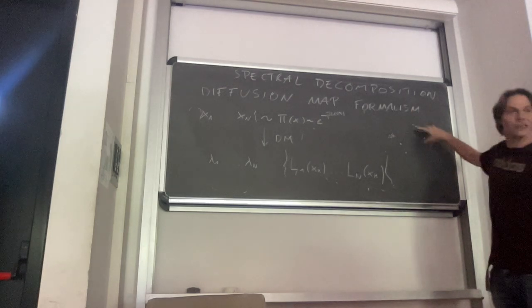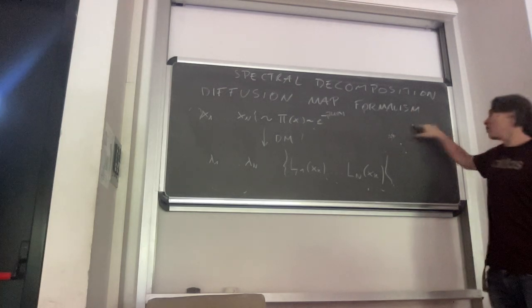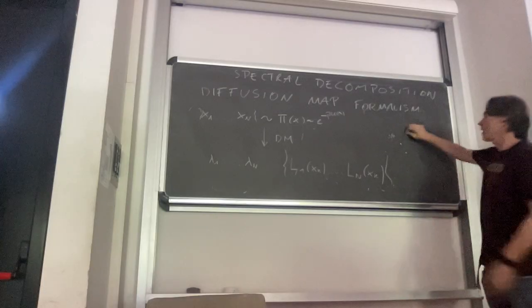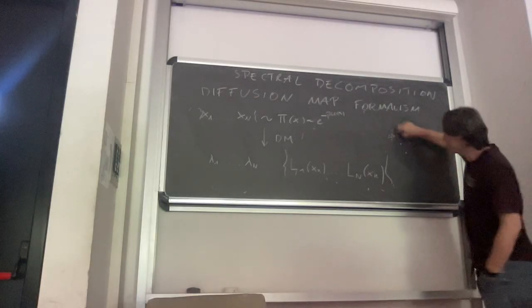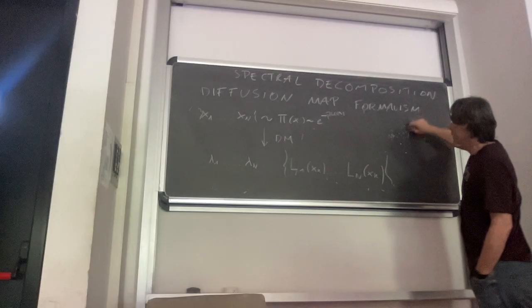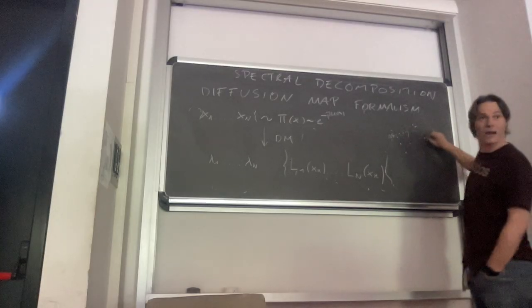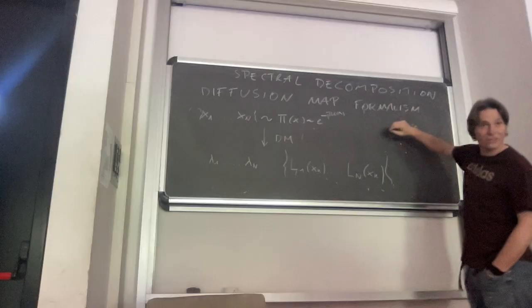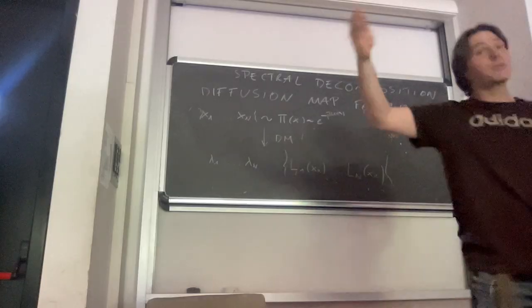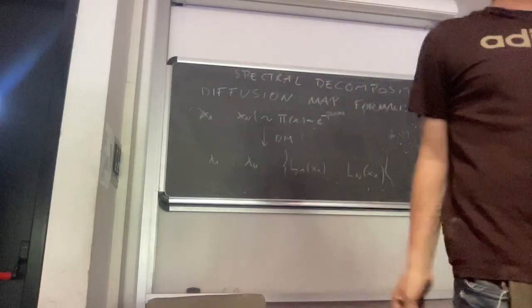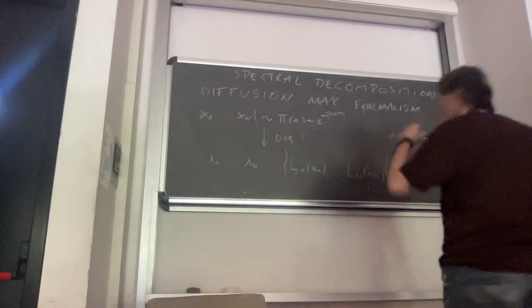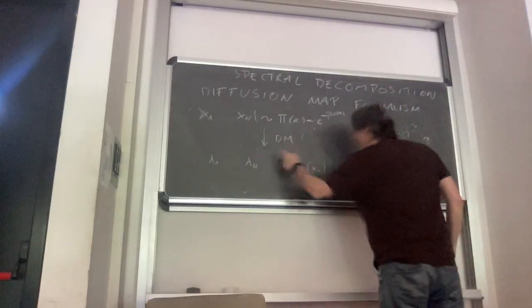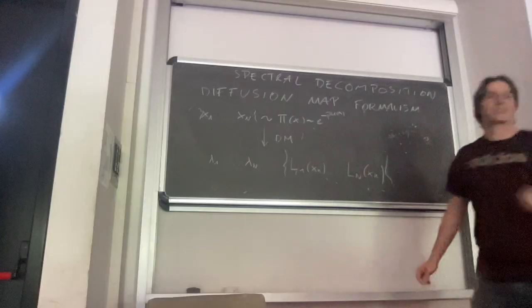If I have only these points, hic sunt leones, like the Romans would say. But if my samples are such that each point is reasonably connected to others, and there are denser regions and lower regions, so I've done an exhaustive, good sampling of my region, okay? The diffusion map formalism will give me this accurately.